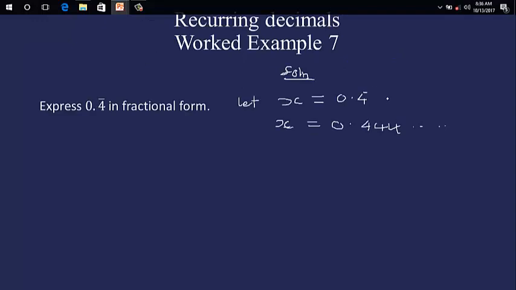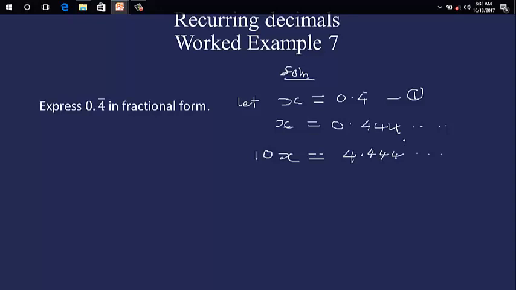So let this be our equation 1. Now if you multiply equation 1 by 10, you are going to get 10x is equal to 4.444 recurring.